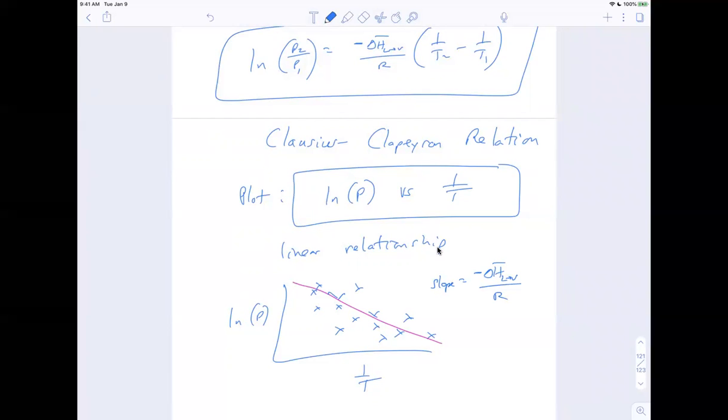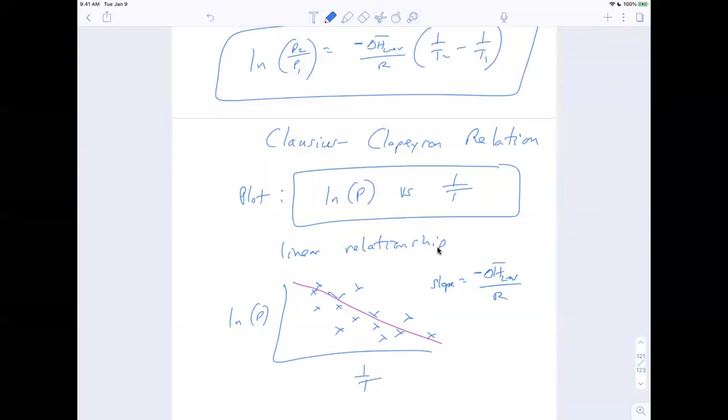So this is a very interesting way to actually obtain delta H. If you wanted to obtain delta H of vaporization for a particular fluid, you could run experiments at different combinations of pressure and temperature where you had phase equilibrium, where you had both phases present.